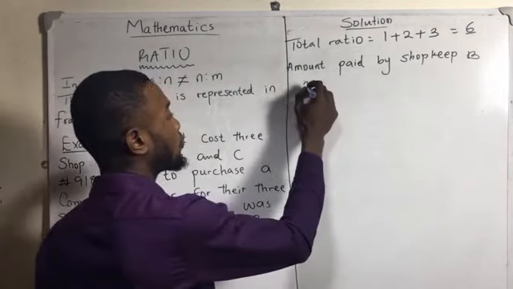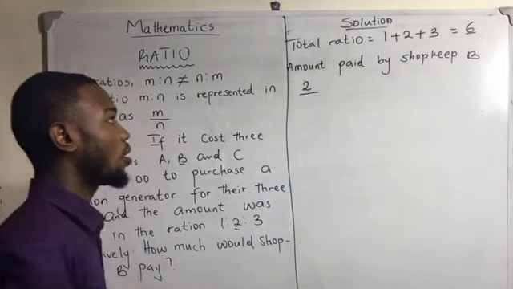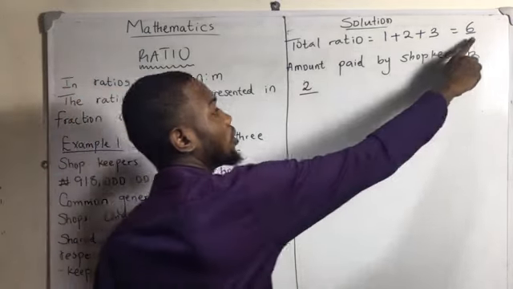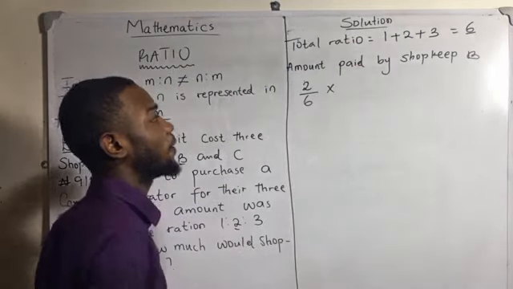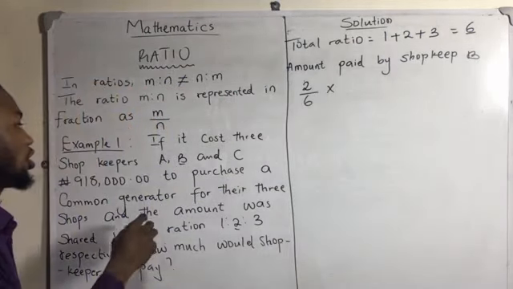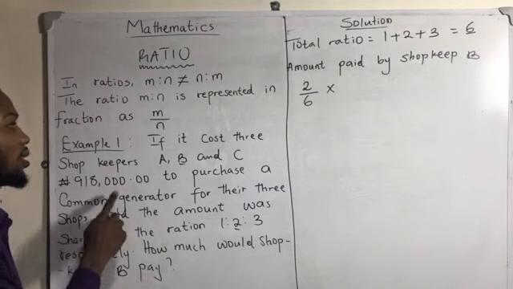Now we are going to have 2 over, what's the total ratio? We solved for the total ratio to be 6. 6 multiplied by, what is the money which is being shared? That's 918,000.